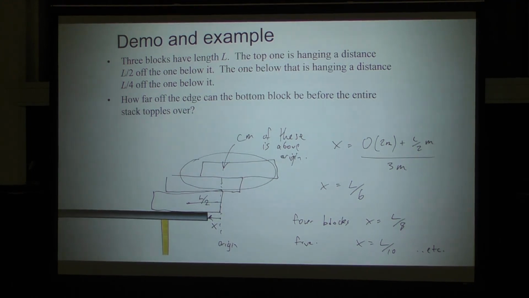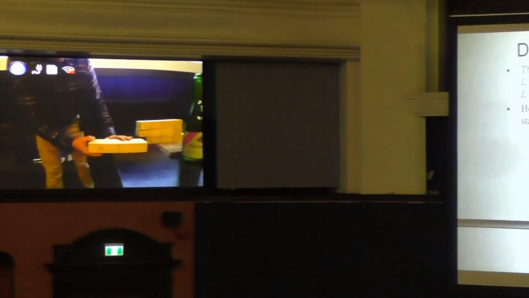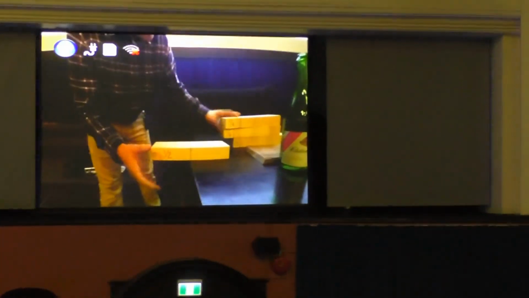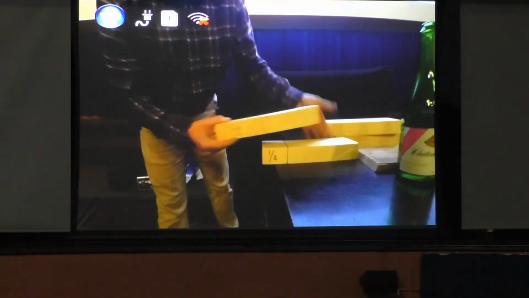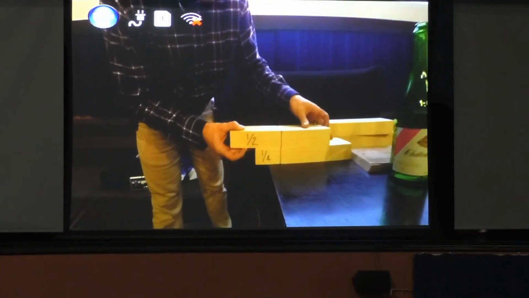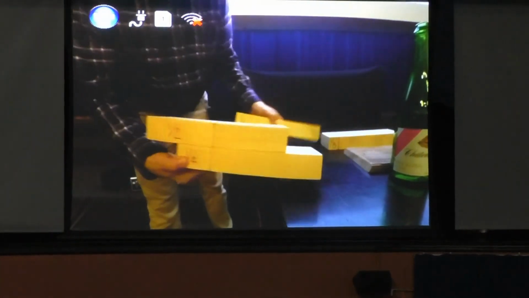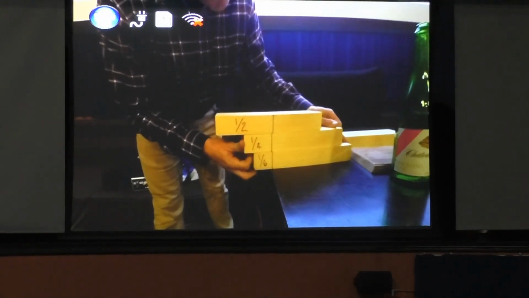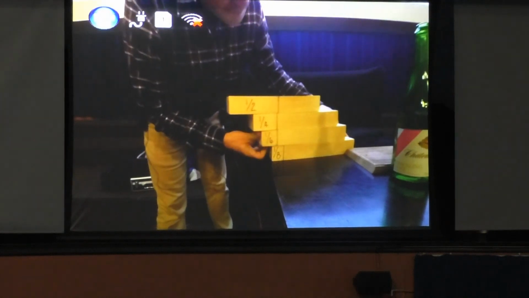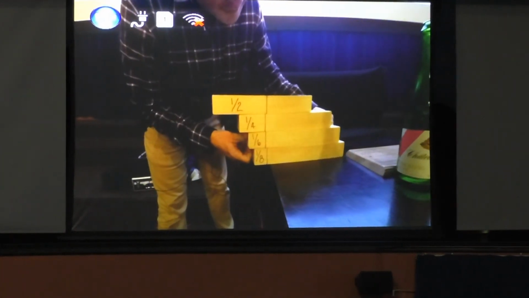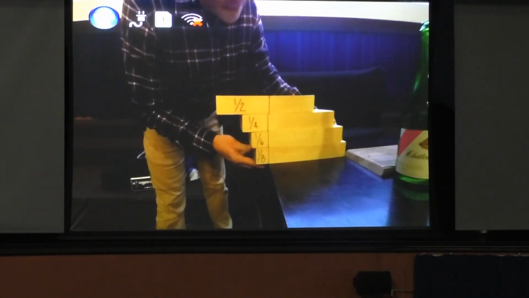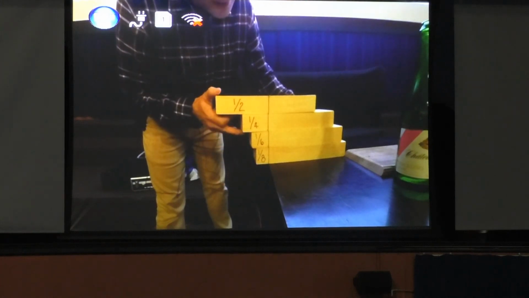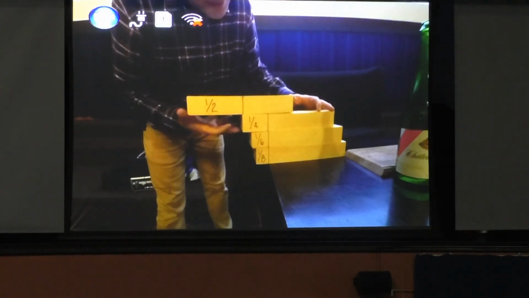So you can try it here. There's a half. How far can you hang this? Wait a second, got it wrong. Half one goes on the top. You line that up with that one. And then you do a sixth, okay, and you do an eighth, etc. Oop, is that right? No. Like that.